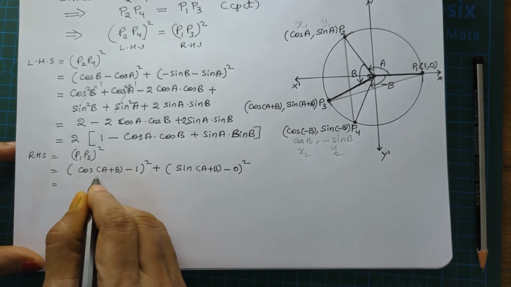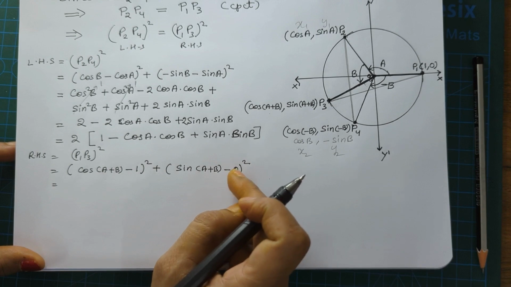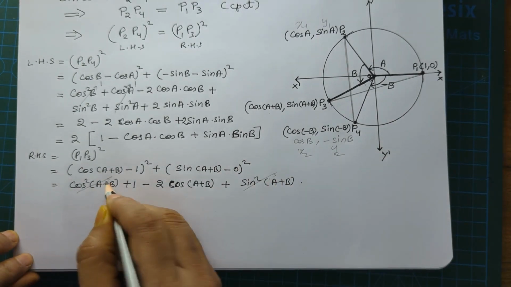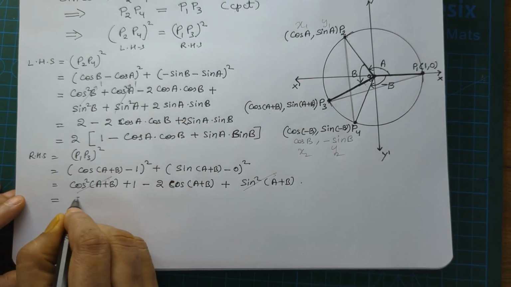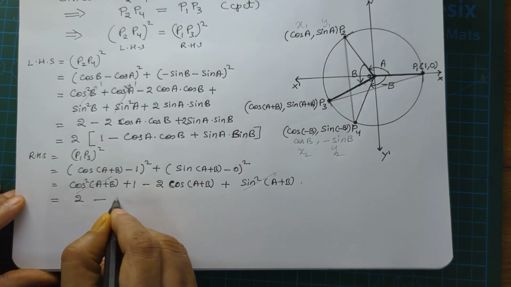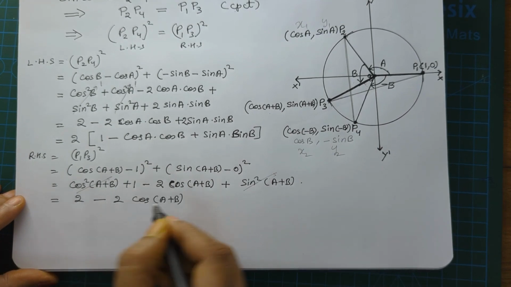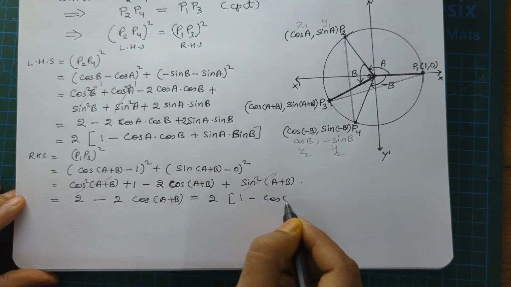We go for the (A minus B) whole square expansion, but here only the individual terms will come because y1 is 0. Then sine square theta plus cos square theta turns 1, and that one and this one make 2. So twice, and we are having 2 cos of (A plus B). Taking 2 as highest common factor, we get 2 times (1 minus cos of (A plus B)).